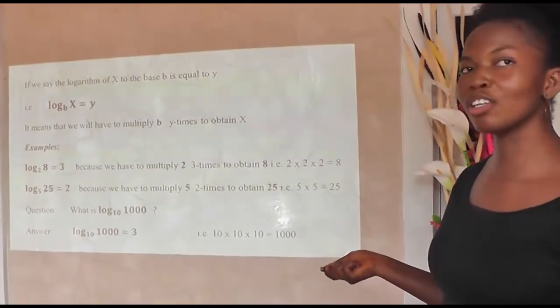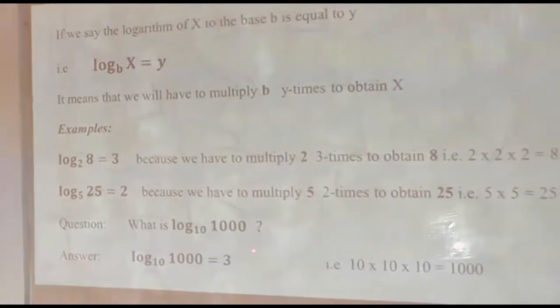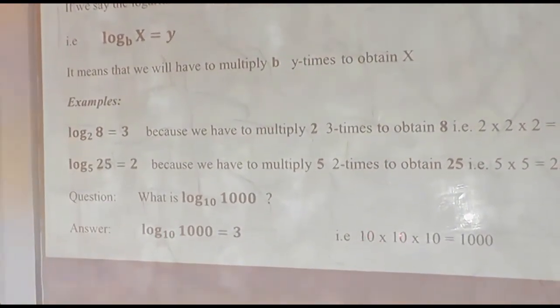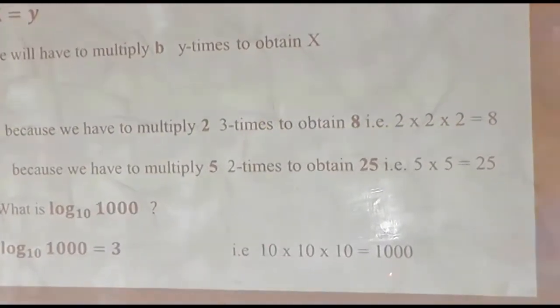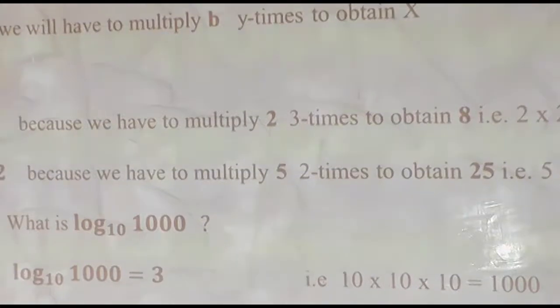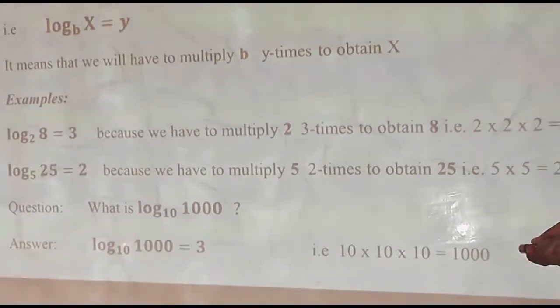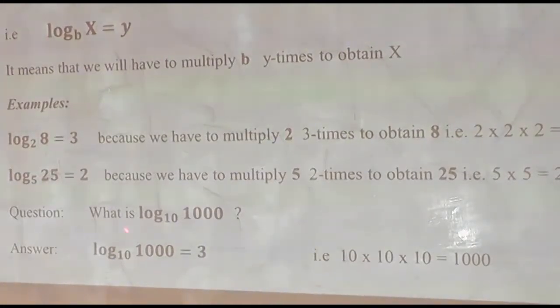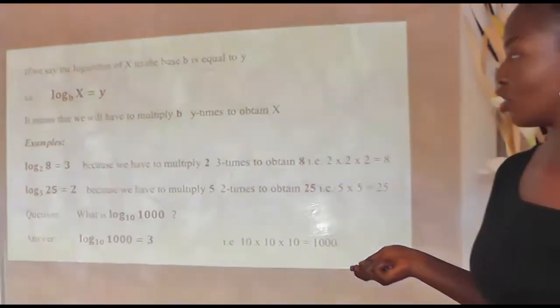Here 10 will be raised to a power of 3 to give 1000, because 10 times 10 times 10 gives 1000. So the number of times you have to raise 10 so as to obtain 1000 is the logarithm of 1000 to base 10.